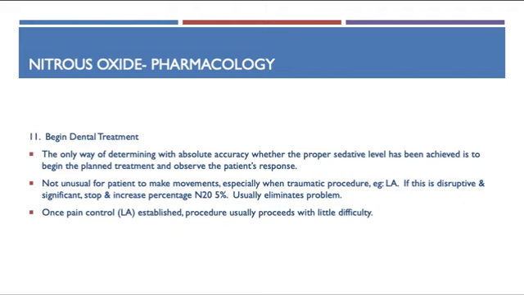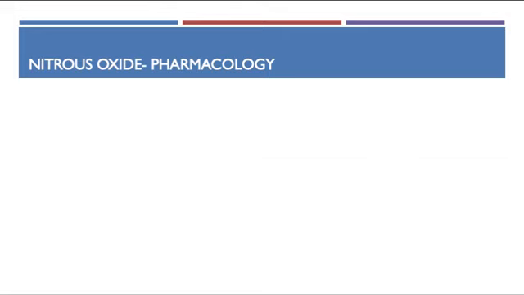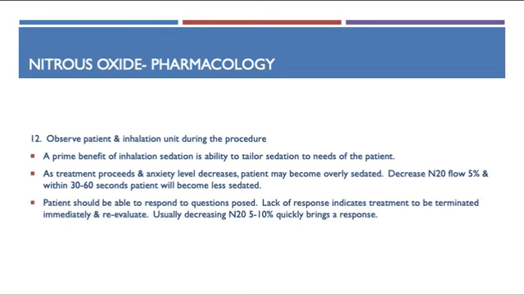Now, once you have established pain control through the use of local anesthetics, the procedure usually goes on without a hitch, and that's really important because that means that your nitrous oxide administration is working. Make sure that the inhalation unit is being monitored constantly during the procedure.